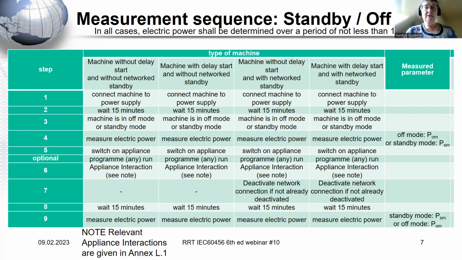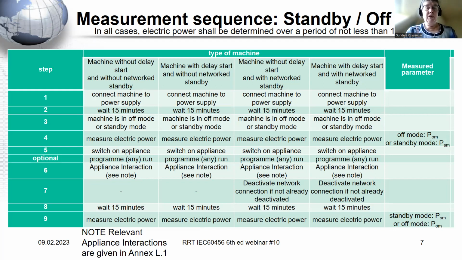But what are the steps in this table and why are there so many columns? The 4 columns of this table aim to differentiate between different types of machines. So the first column is a machine that has no delay start and is also not able to be connected. So therefore, this is a quite simple machine.